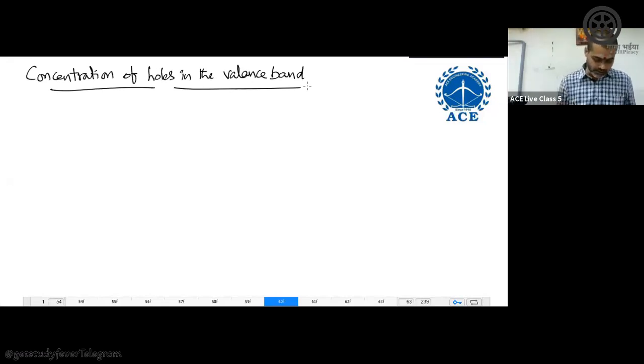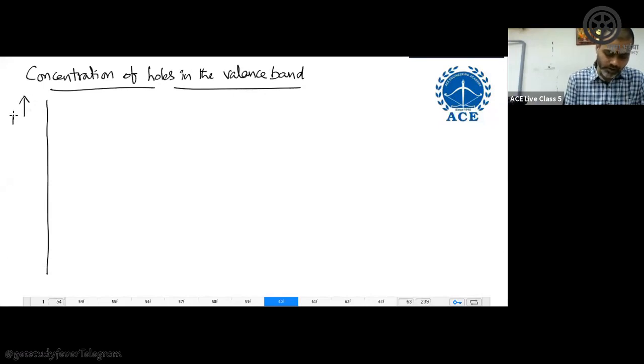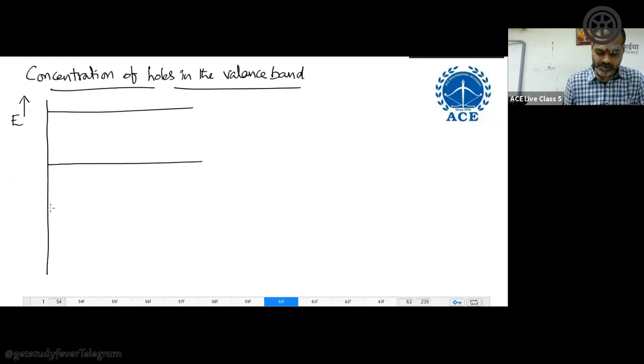Now again, let us consider this is electron energy. This is the top of the conduction band, bottom of the conduction band. This is the top of the valence band, and this is the bottom of the valence band.